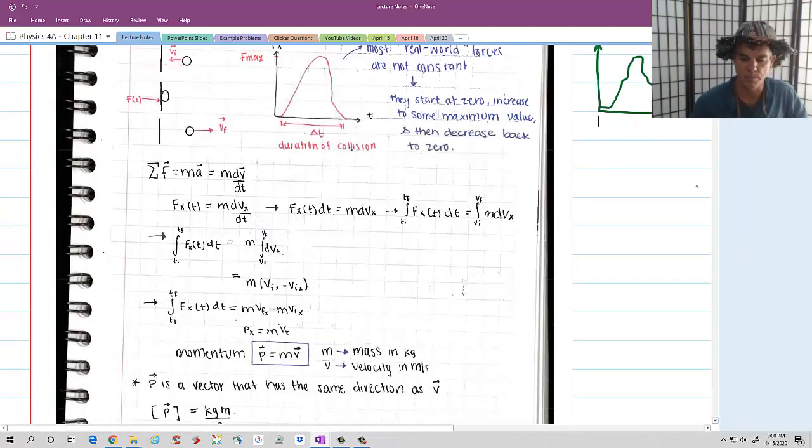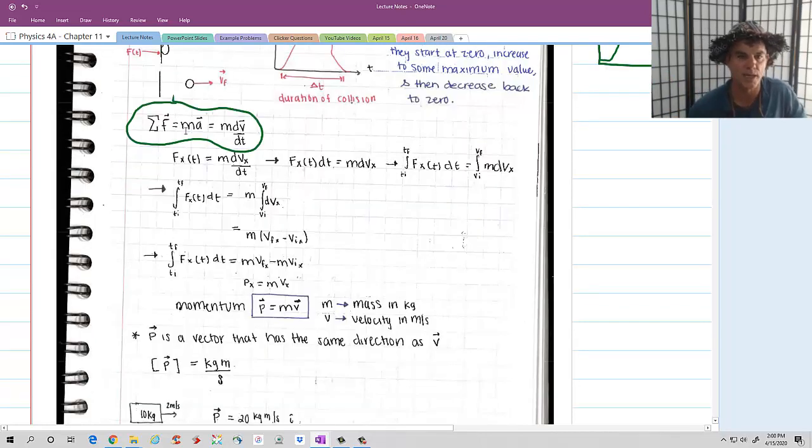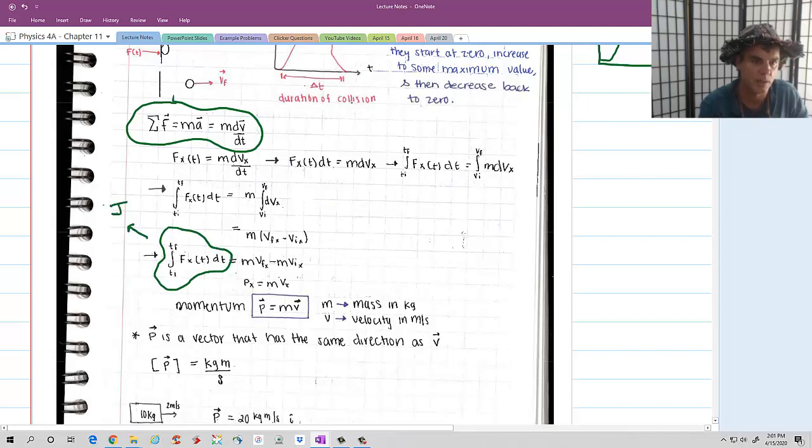So the derivation basically just starts with Newton's second law, sum of the forces equals ma. And I did it here in a slightly different way, but the end result is, on the left-hand side, I end up with this integral of Fx dt. This is the definition of the impulse.